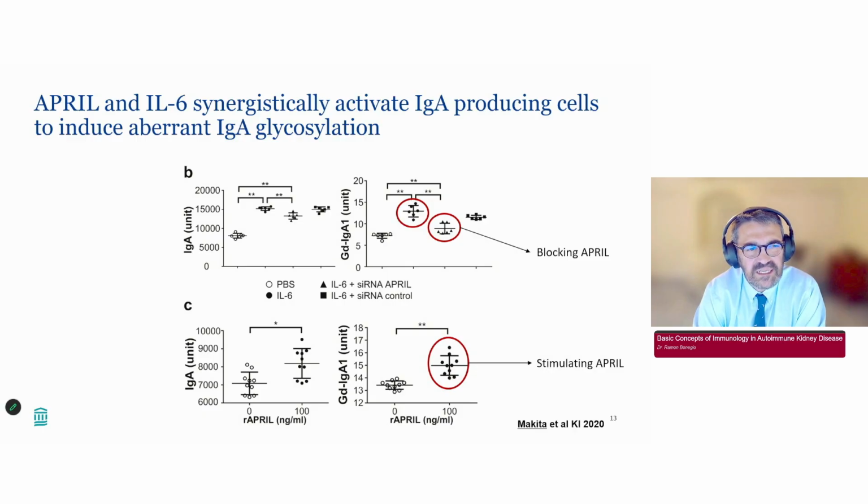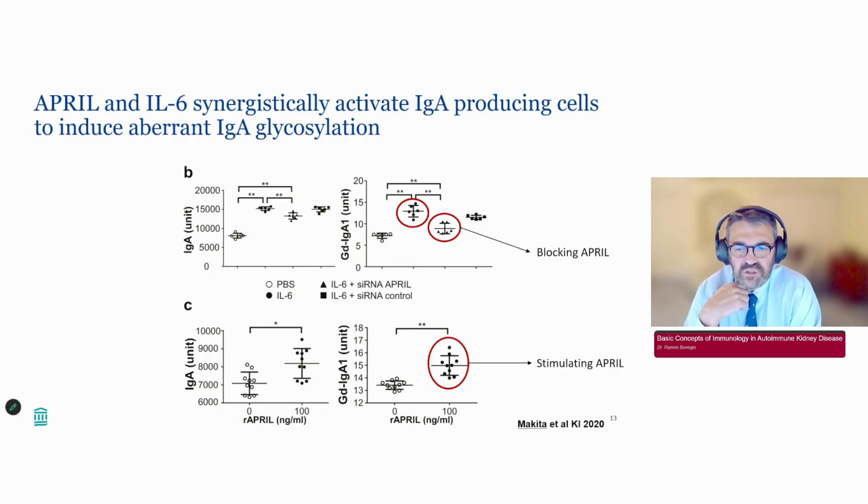Next slide. You can see here that in experimental settings, if the APRIL signal is blocked, and you can see that on the right-hand side there, I've circled blocking the APRIL signal, you see a decrease in the production of IgA in total, but in particular in the aberrantly glycosylated IgA, which is thought to be pathogenic.